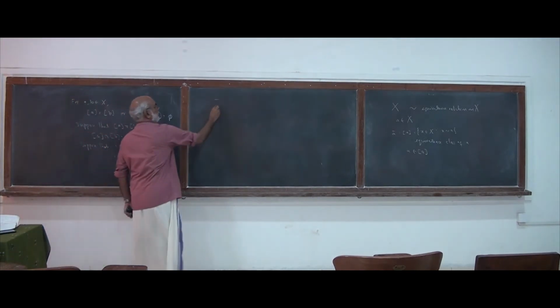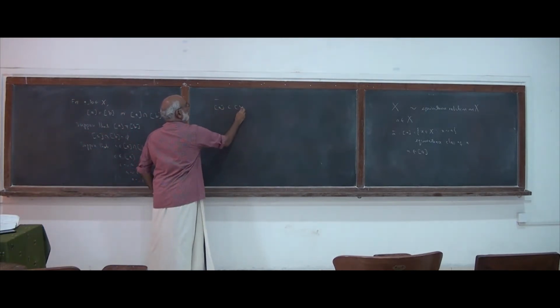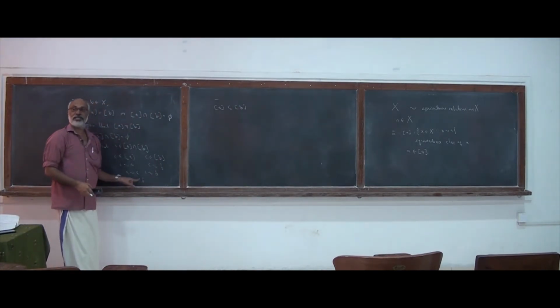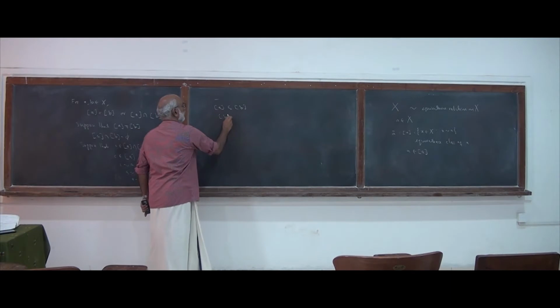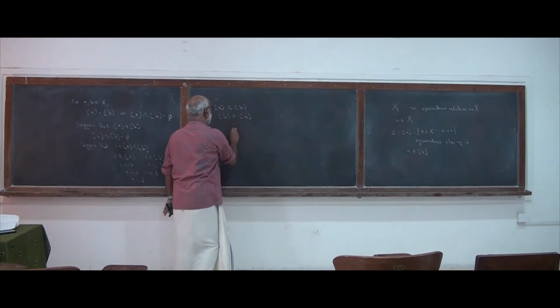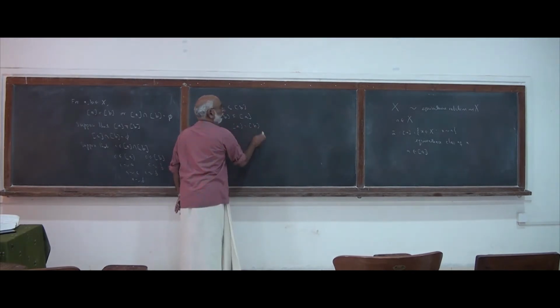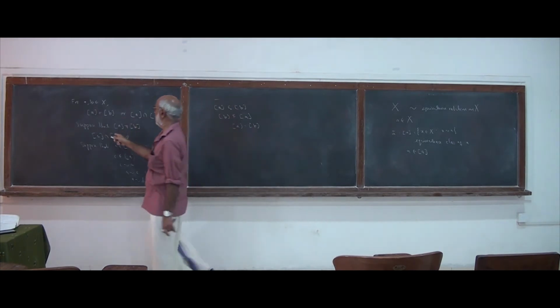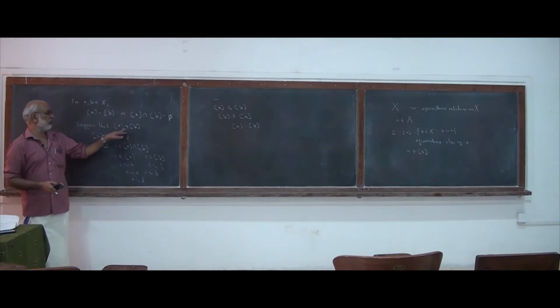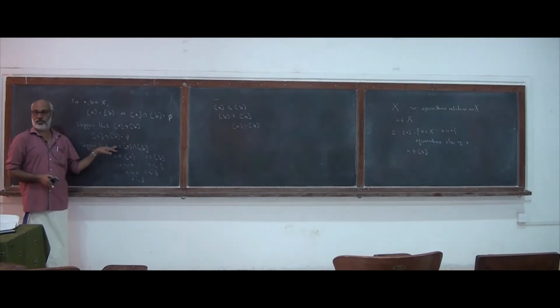In which case the equivalence class of A will be contained in the equivalence class of B. Since A is related to B, B is also related to A by symmetry, which implies that equivalence class of B will be contained in equivalence class of A. Consequently, equivalence class of A will be the same as the equivalence class of B, which is not the case. Our assumption is that equivalence class of B and A are different. So if the equivalence classes of A and B are different, then they are disjoint. So for any two elements A and B, either their equivalence classes are equal or they are disjoint.